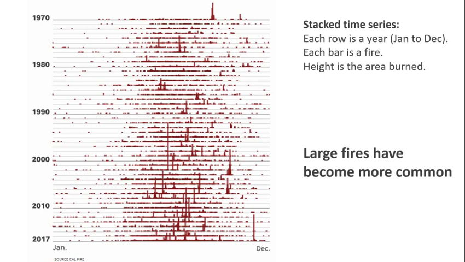Each bar represents a fire. The height of the bar represents the total area burned. Awesome. This plot's telling us that large fires have become more common over this time period. So as you track down from 1970 to 2017, you see that the number of large fires is increasing.